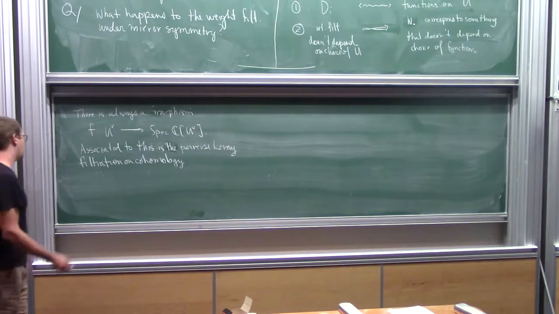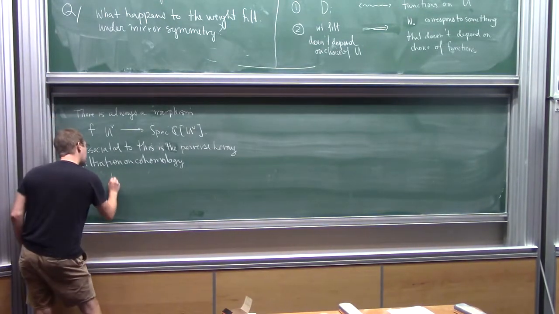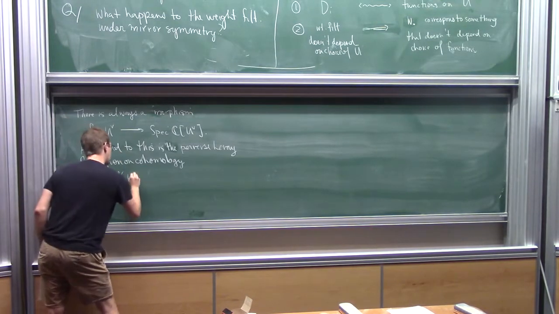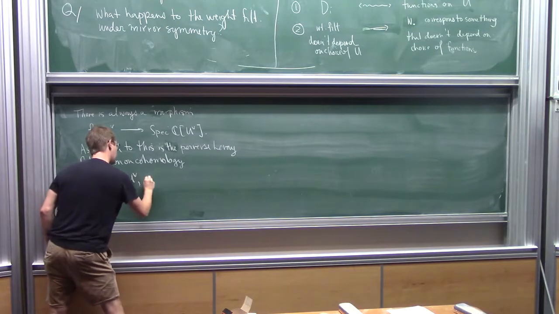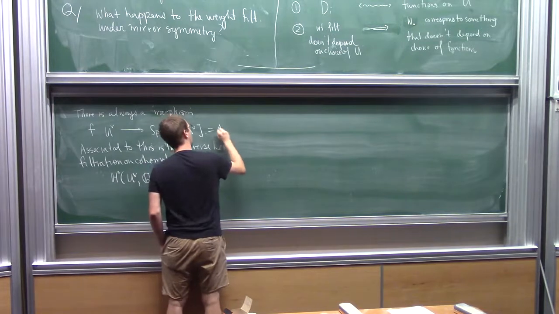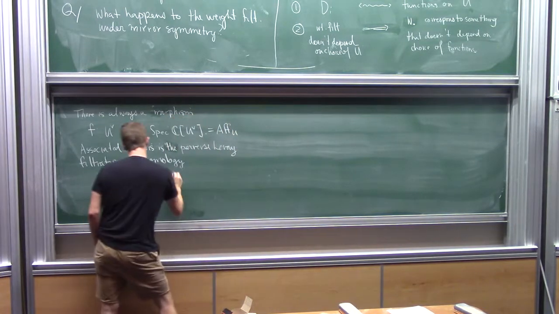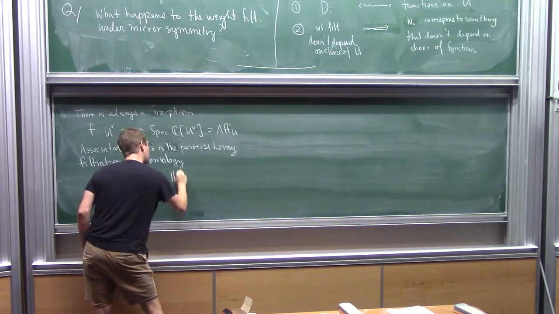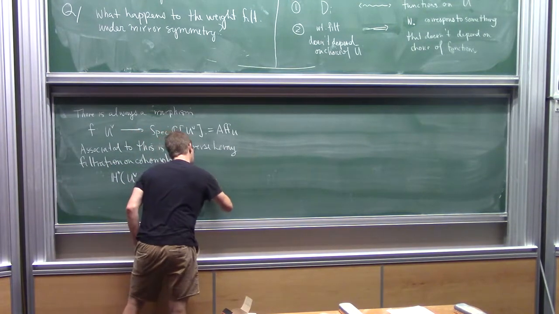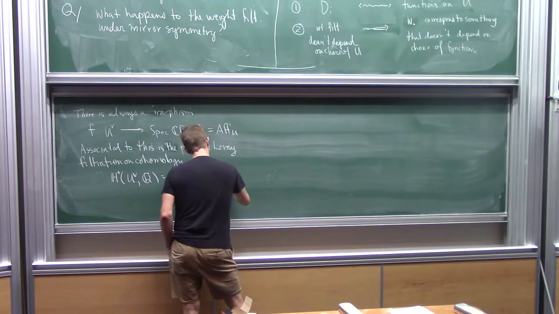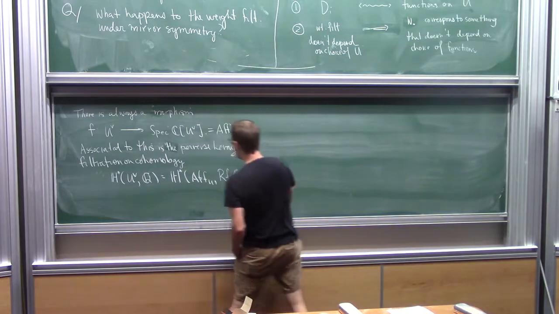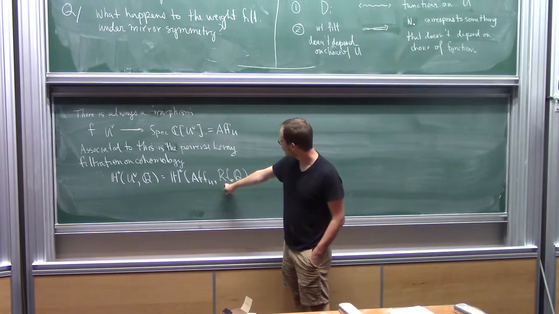Okay, so you get a filtration on cohomology. So how does this work? Well, we have that the hypercohomology on U check, let's call this U for the affinization, is equal to the cohomology on U of the pushforward of Q. And we can always take perverse truncations of this complex.